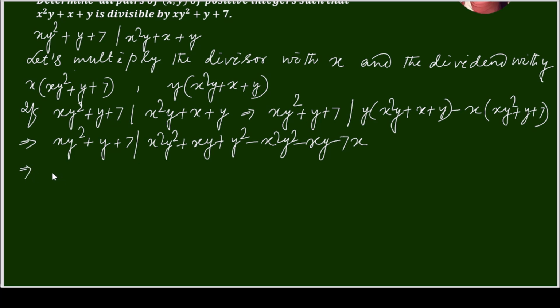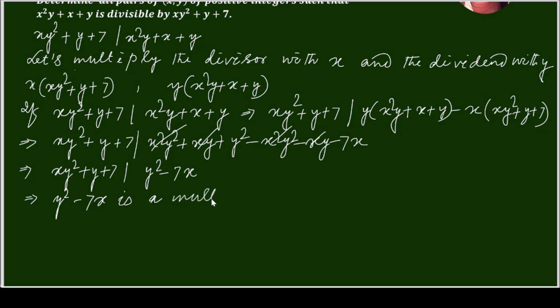This is equivalent to x y square plus y plus 7 divides y square minus 7x. That means y square minus 7x is a multiple of x y square plus y plus 7.